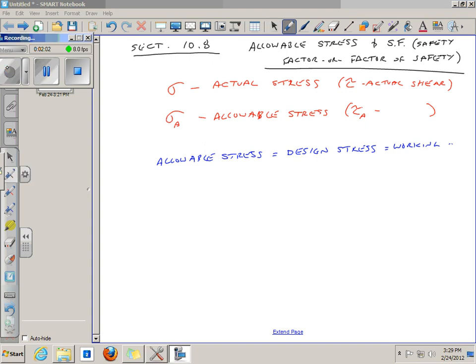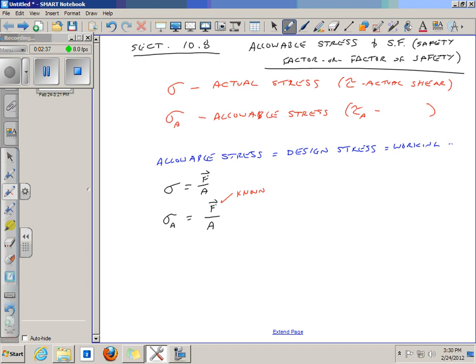So with axial or normal stress, we know sigma is equal to F over A. If we know the allowable, here's what you're allowed to have, the amount of stress, well, we've still got F over A. So if we know how much force we're going to put on it, and we know how much stress it's allowed to have, then this area that we're going to calculate is the required area.